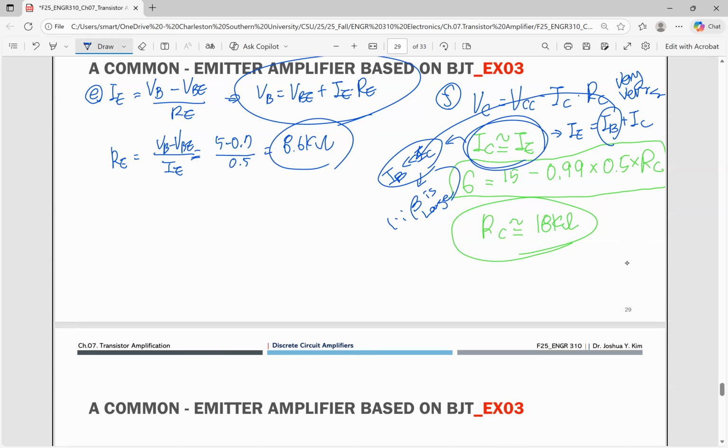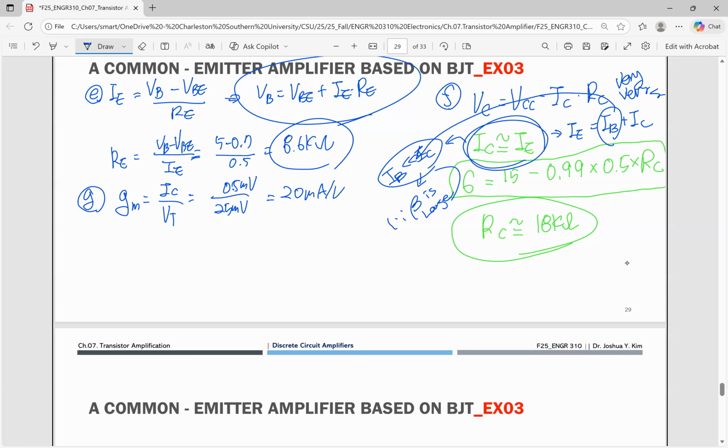So the values of G sub m, R sub pi, and R sub 0, we can calculate. This is the formula: G sub m is I sub C, the DC value from the collector, divided by V sub T, the thermal voltage, 25 millivolts, which is about 20 milliamp per volt.